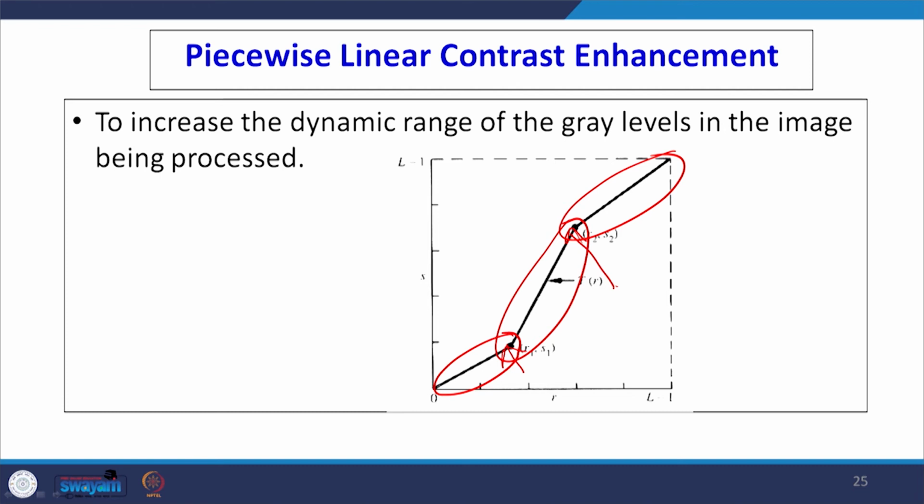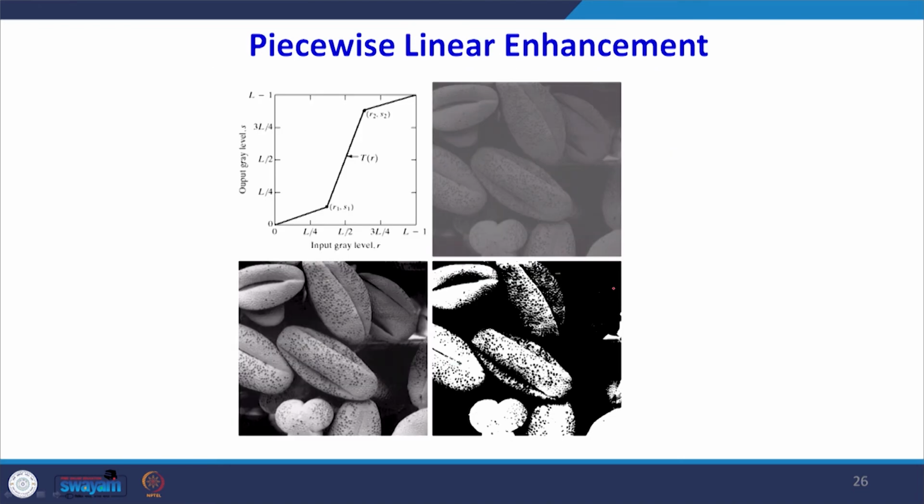So in the piecewise linear contrast enhancement, the advantage is that instead of applying the algorithm to the whole image, we can apply it to a certain piece. Suppose in one area I have the urban setup. So I want to enhance the urban setup, I can enhance only that particular part of the region.